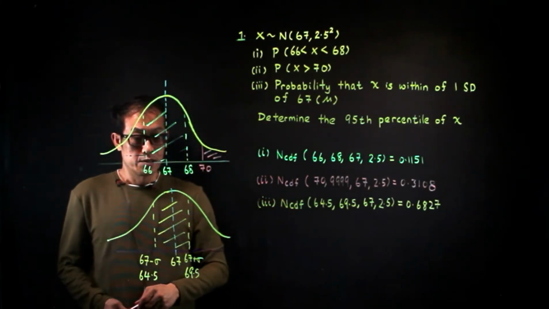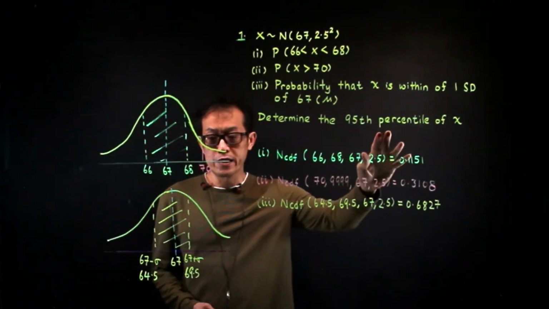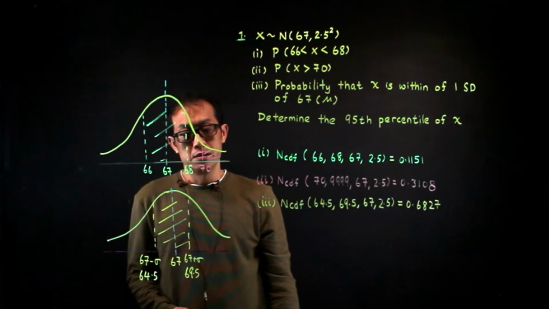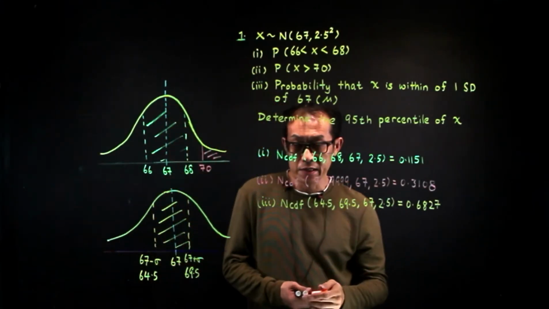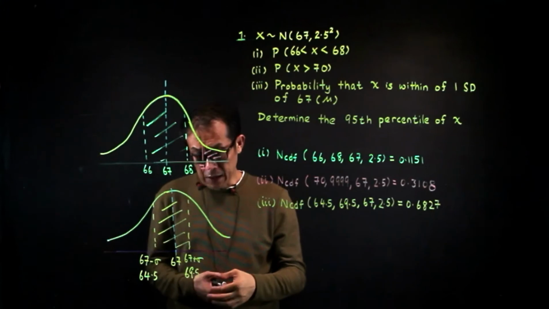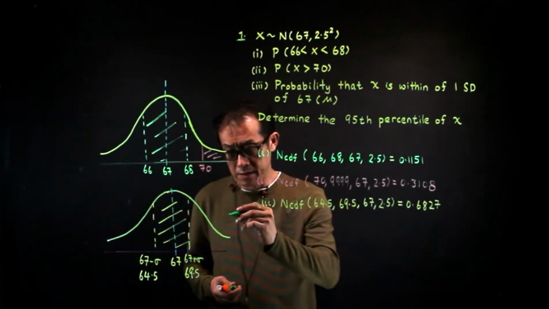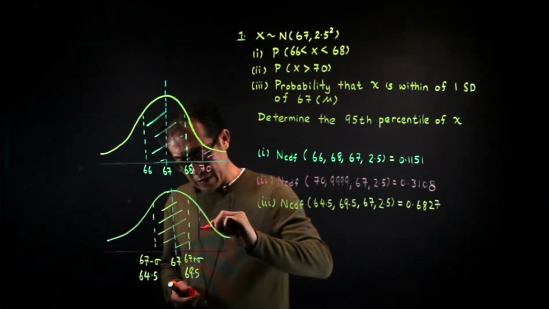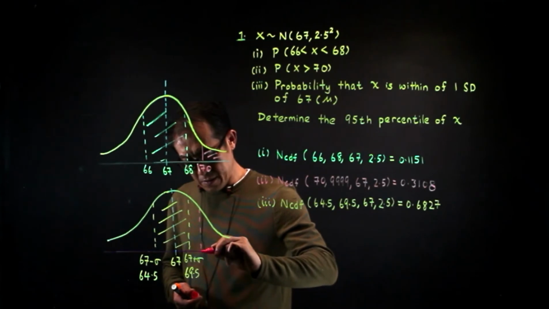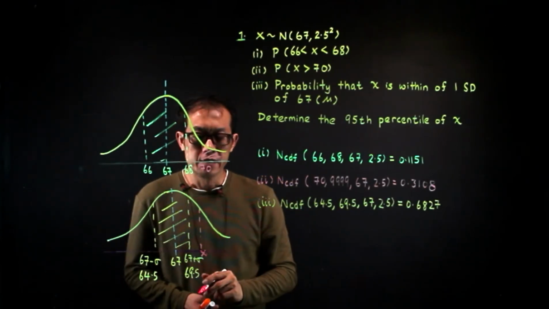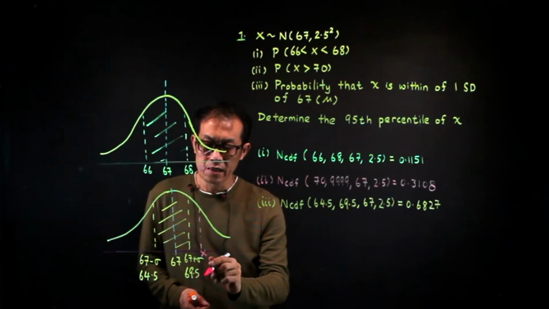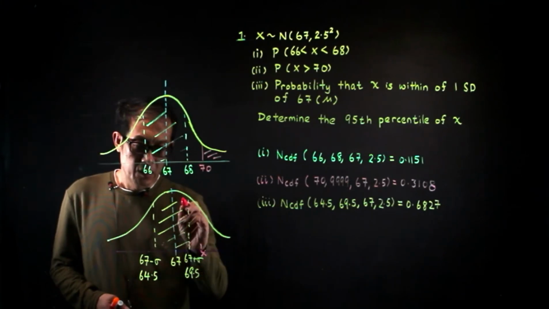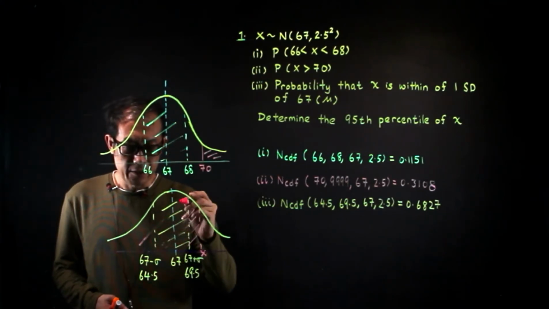Now, the last part of the question, they ask you to determine the 95th percentile of X. How do we find the 95th percentile of X? That means they want the value of X. Let me use a different color. They want the value of X, all right? Let's say this is the value of X. They want this value of X such that 95% of the people fall below this height, okay?